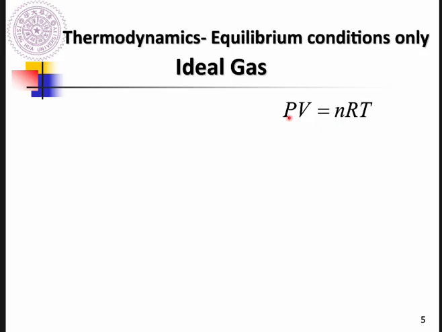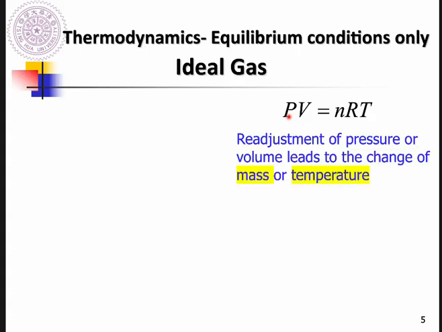What happens if I adjust or tune the pressure? What happens next? If I readjust the pressure or volume, that usually will lead to a change in moles or the temperature, because R is a constant.